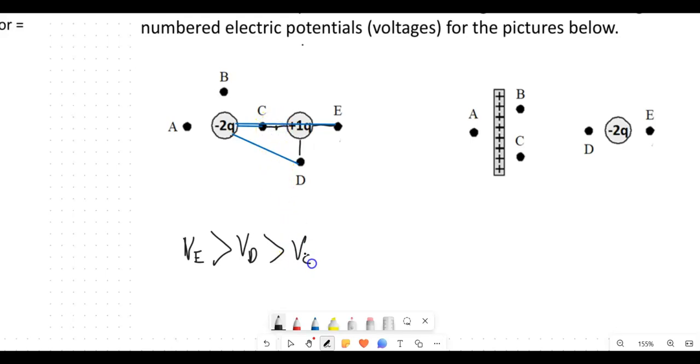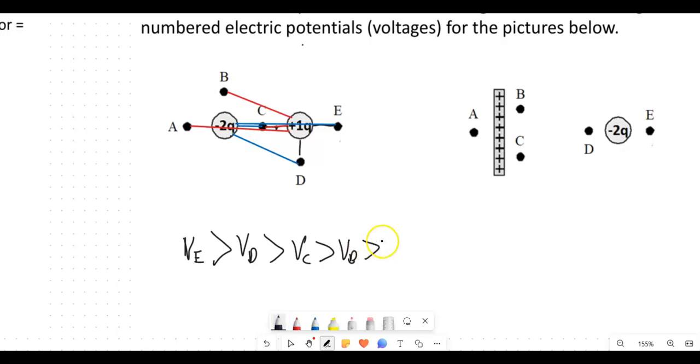So we know the voltage at C is closest to 0. And now notice that B is further away than C from the positive Q, right? So now we know the voltage of B is going to be less than the voltage of C. And notice the voltage of A is the furthest away from this positive Q.